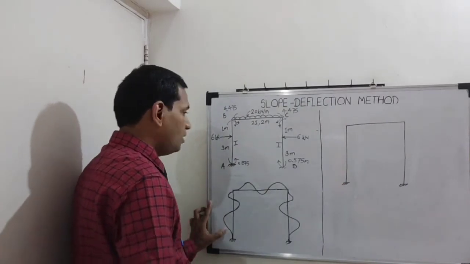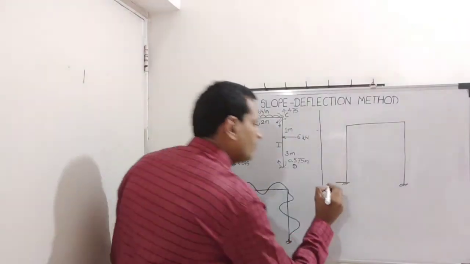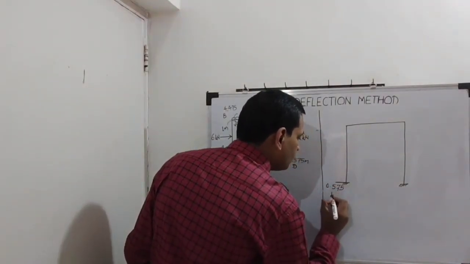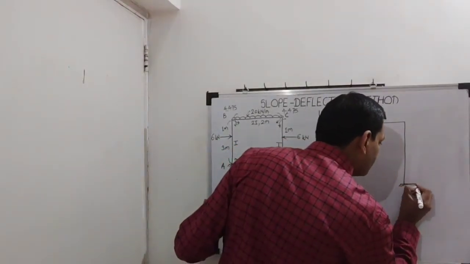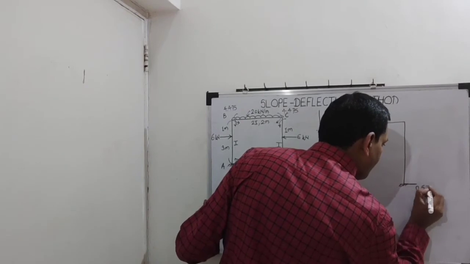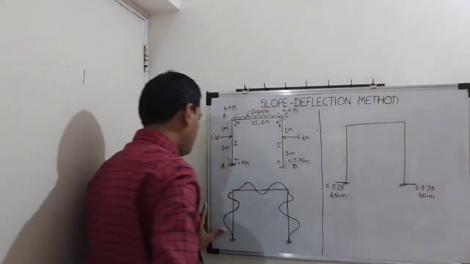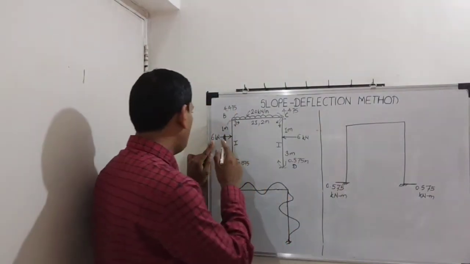So here we shall plot 0.575 on left hand side. On this end on right hand side. Then here 6 kilonewton point load.